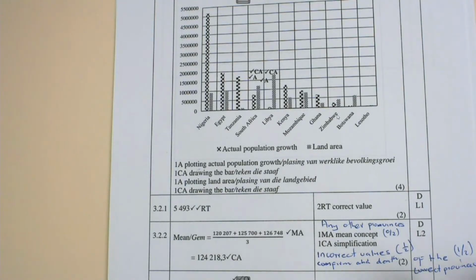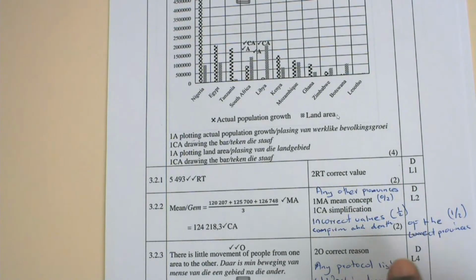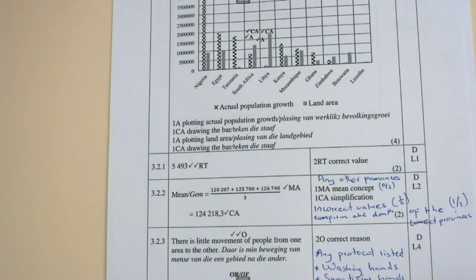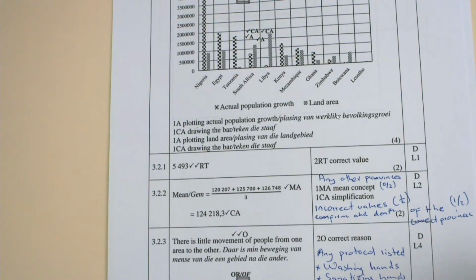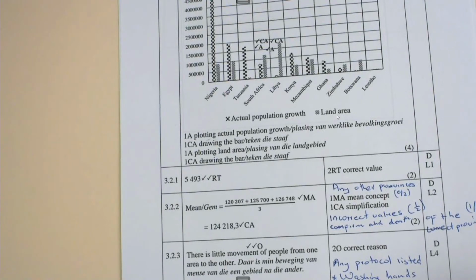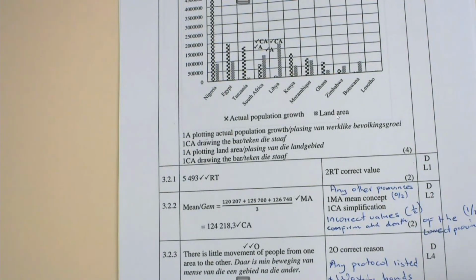But if the learner uses other provinces, the learner will get 0 for that.